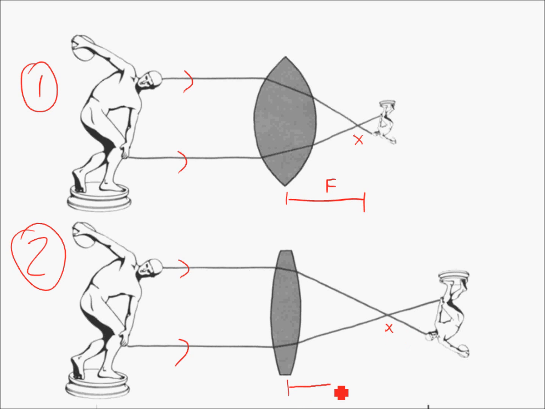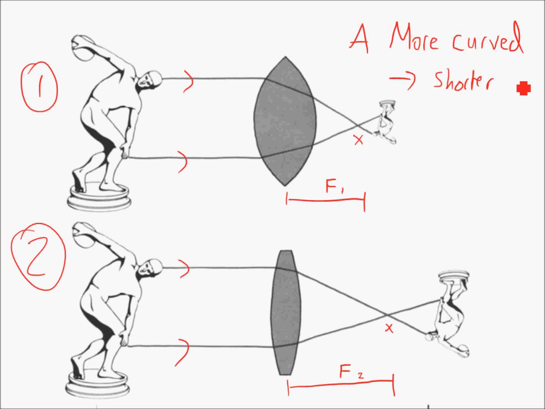So my focal length is that. Actually, I'm going to call this one F1 and this one F2. So you can see here that F1 is shorter than F2. So if you have a more curved lens, then you get a shorter focal length.